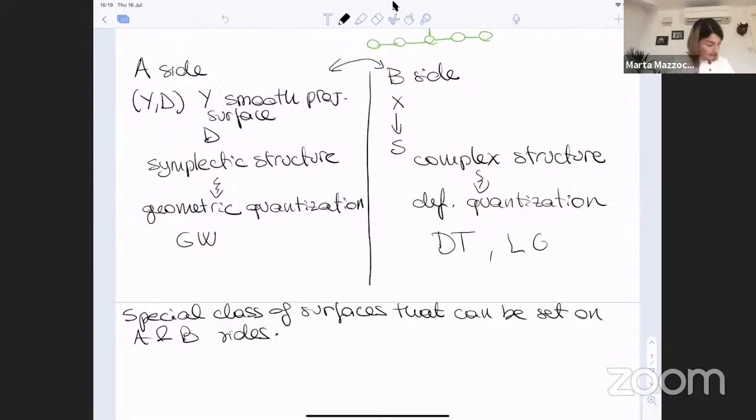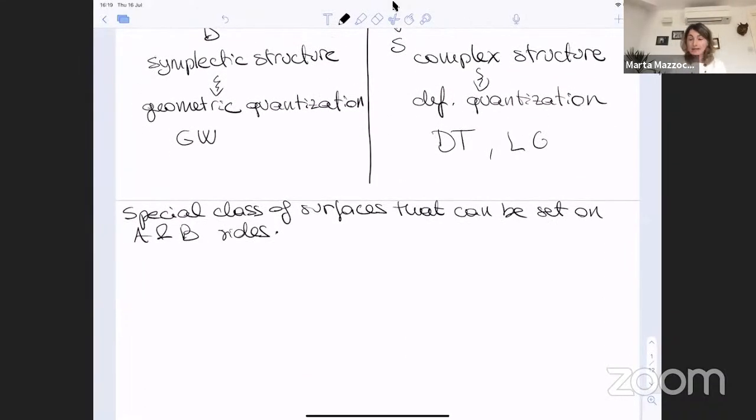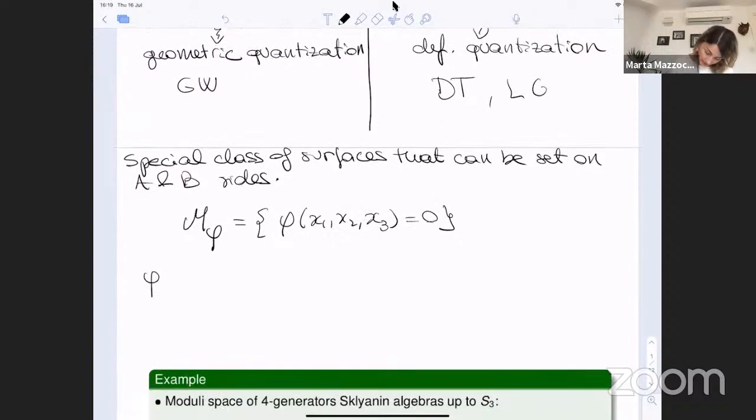These surfaces have a special form. They are zero sets of a certain polynomial. I will denote them by N_phi, the set where phi of x1, x2, x3 equals 0, where phi has a very specific form: a triple term x1 x2 x3, with the xi in the complex numbers, plus the sum of three terms, each of which is a polynomial in only one of the variables.